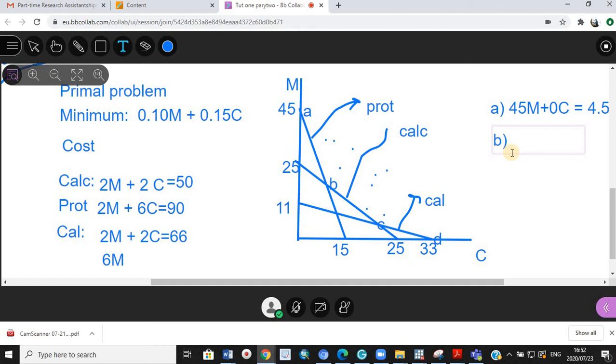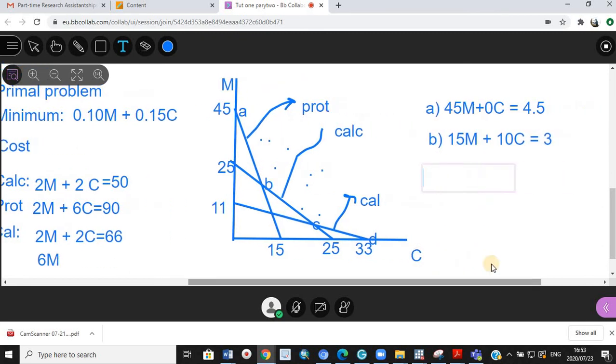All right. So let's say we have 15 m, right, plus 10c. Okay, multiplying it by its price, this should be equal to 3. Okay, should be equal to 3.